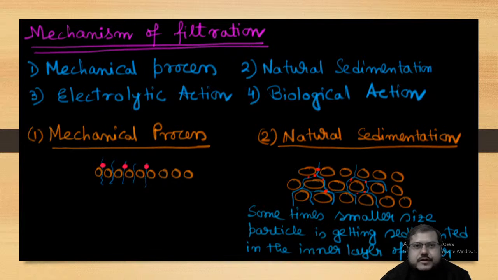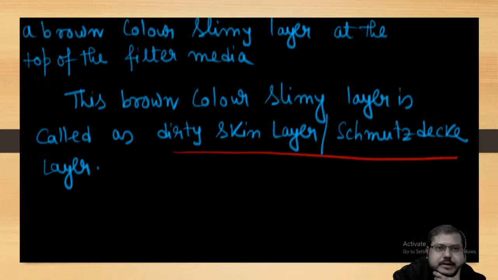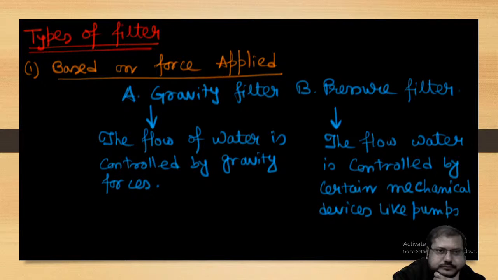Then we have gone through the mechanism of filtration, where mechanical process, natural sedimentation, electrolytic action and biological action are the four processes we have discussed. And what is the dirty skin layer and the schmutzdecke layer we have discussed also. After that we went to types of filters: different types of filters, gravity filter, pressure filter.